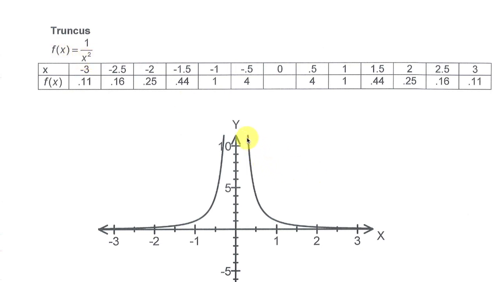Let's look at the values on the right-hand side. So if x equals 1, then I have 1 over 1 squared, which is 1. So the point (1, 1), same as the hyperbola. But let's look at a difference now where we have x equaling 2. We'll have 1 over 2 squared, which will become 1 over 4 to produce 0.25.